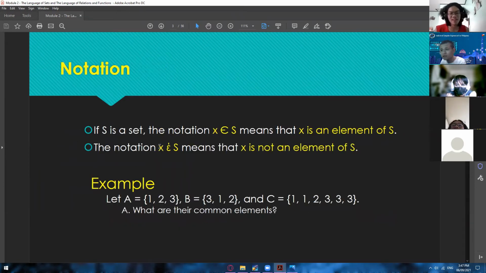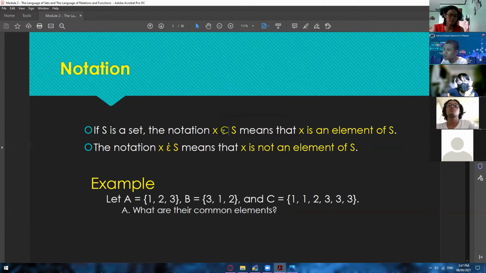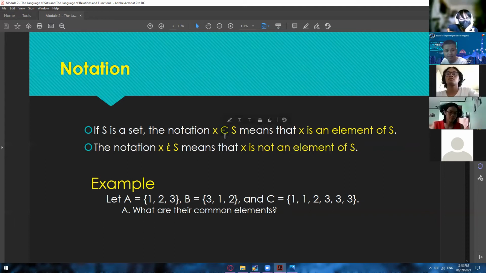The next one that I would like you to know is notation. In Math 100, we always have this notation wherein if S is a set, the notation x ∈ S means that x is an element of S. I forgot the Greek name of this symbol, but it symbolizes the word element.